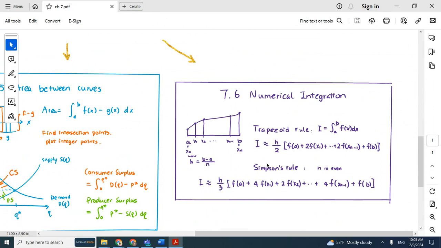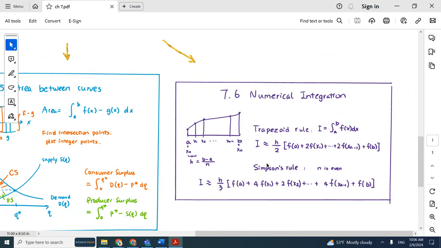And in Simpson's method, remember each block is like 3 points. You use a parabola to approximate it. That's why you need 3 points to fit a parabola. Therefore, you have h over 3. So trapezoid method, 2 points, h over 2. Simpson's method, 3 points, h over 3. And then the left endpoint and the right endpoint get 1 copy. For the trapezoid method, all the interior points get 2 copies.